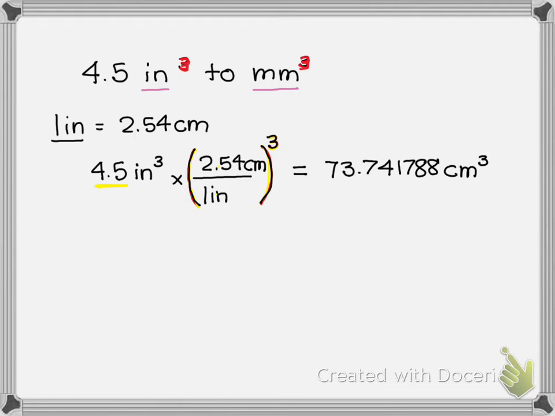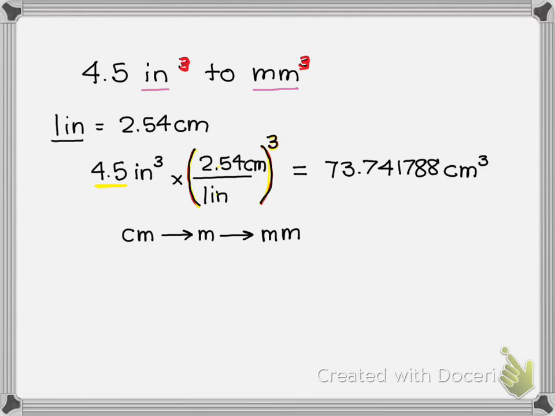Depending on how experienced you are with the metric system, you could go from centimeters to meters and then back to millimeters. So this may be what you know, and you might be able to do that.